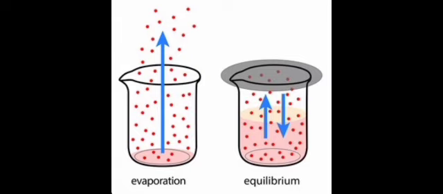In summary of the pressure stuff, increasing the pressure favors the side with fewer moles of the gas, while reducing the pressure will favor the side with more moles of gases.